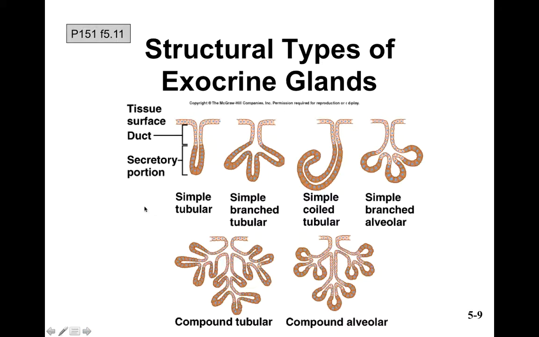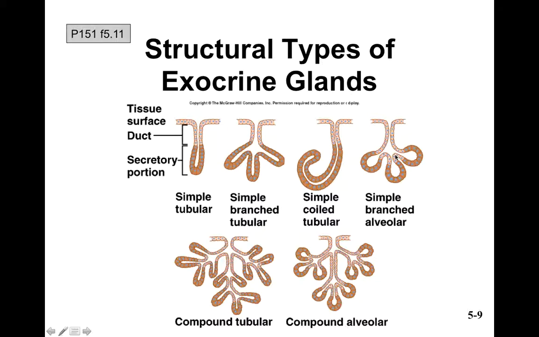Okay, we classify our glands by their structural types, the exocrine glands. And for this one, we have the tubular or the alveolar. Tubular, you notice, are just these elongated cells, or these glands that don't really change the shape very much.